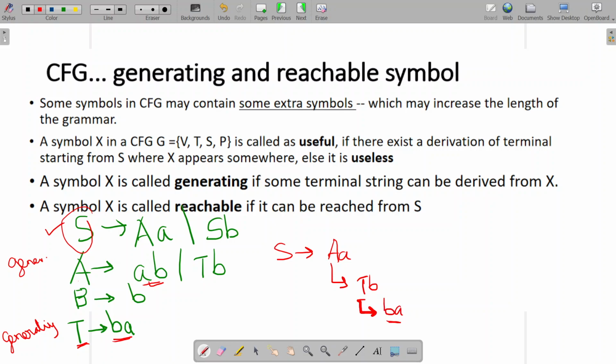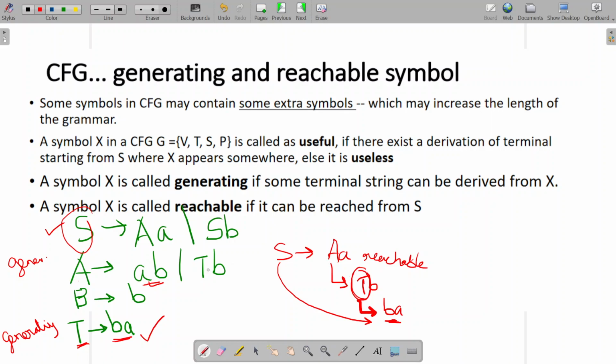Now, in the construction of a terminal string, in the path from the start symbol to the terminal string, I am able to reach T somewhere in the middle. A and T are in the middle, so they both are said to be reachable. Although T is separately able to generate, from S it is reachable as well.